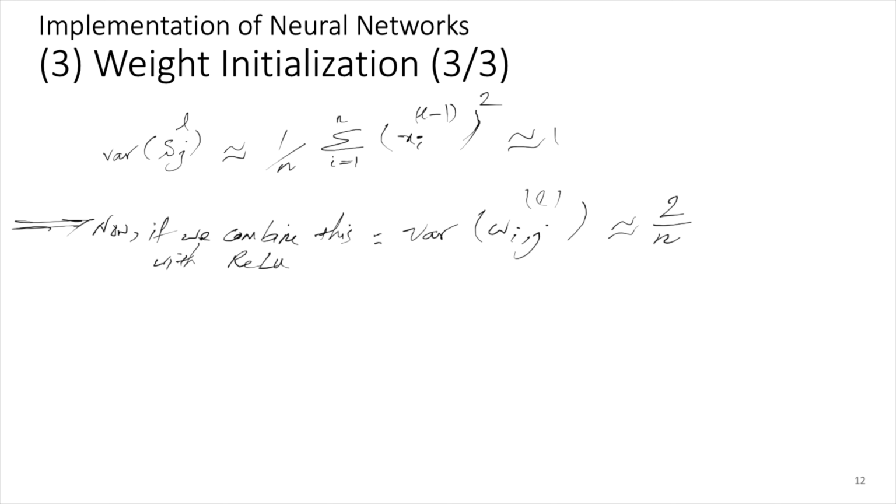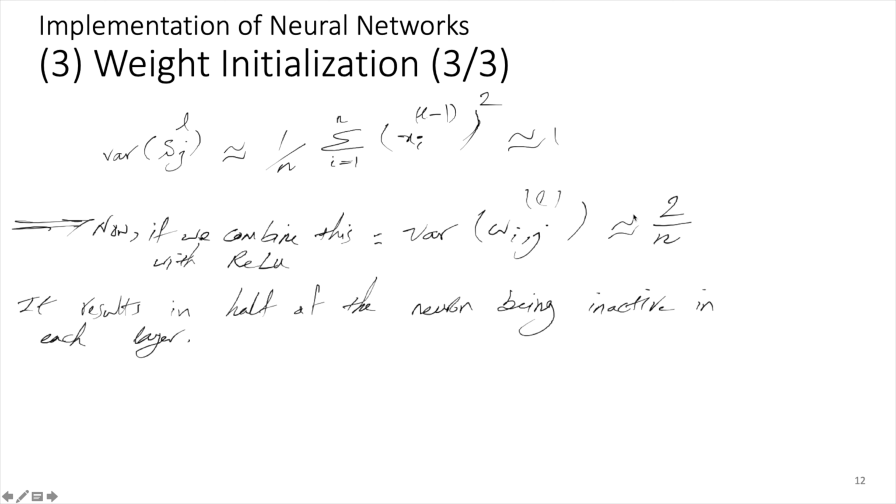You can also combine this Xavier initialization with ReLU. The final outcome of the variance would be 2 over n if you compute the final value. Because you use ReLU again, and this has a normal distribution, it results in mostly half of the neurons being inactive at each layer. So as I mentioned, it has both advantages and caveats of its own.